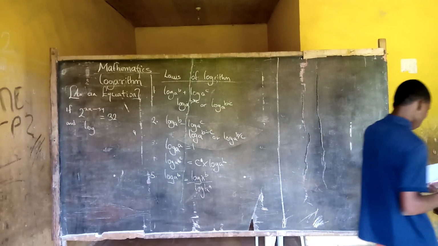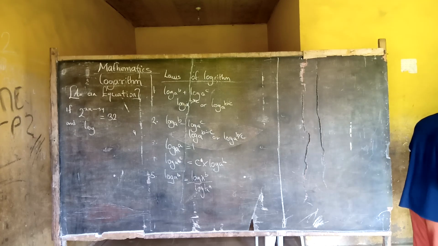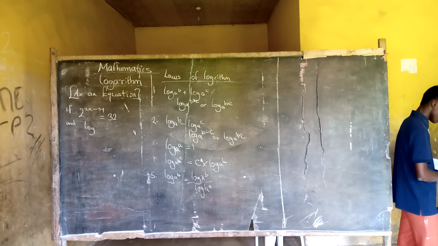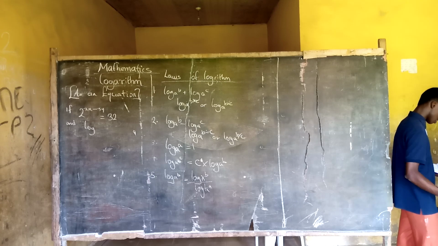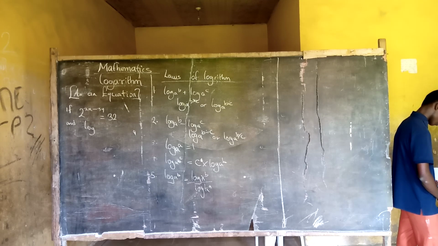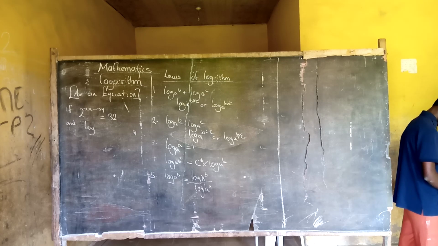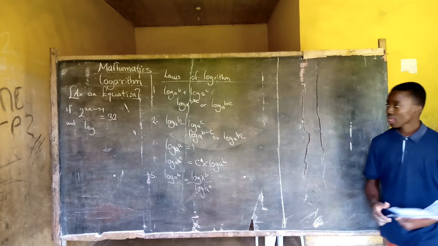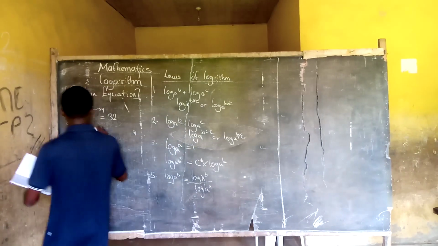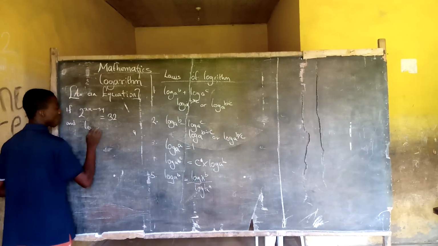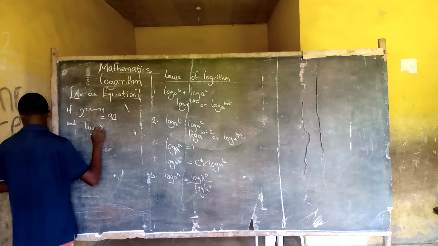Let me check the question from where I started, if it is actually correct. Please pardon me. Okay, log y to the power x. I was thinking it's log x to the power y. Log y to the power x equals 2.